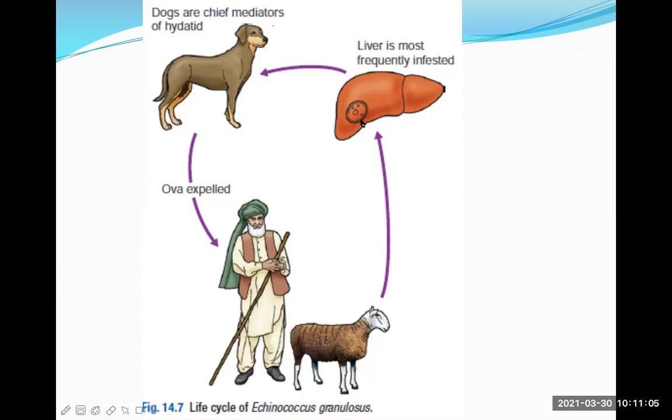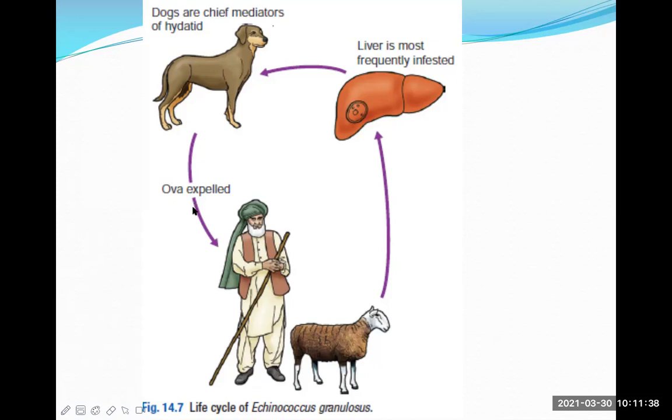After the dog consumes the cyst present in the organ or meat, it enters the dog's GI tract and develops into the adult form, and then the adult form liberates the ova. The ova are expelled in the stool, into the environment.